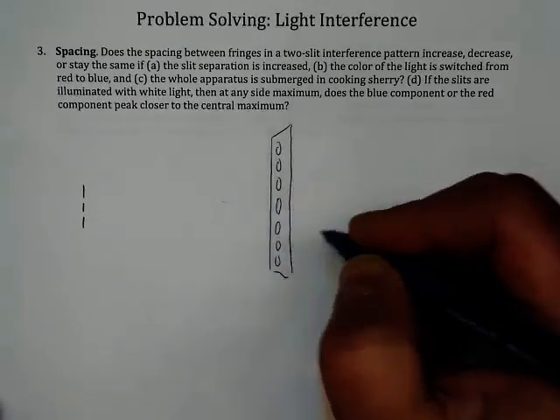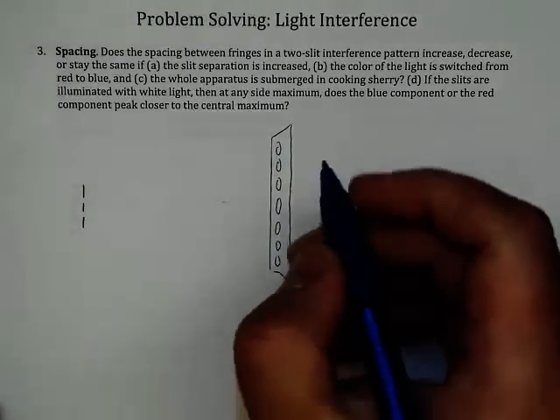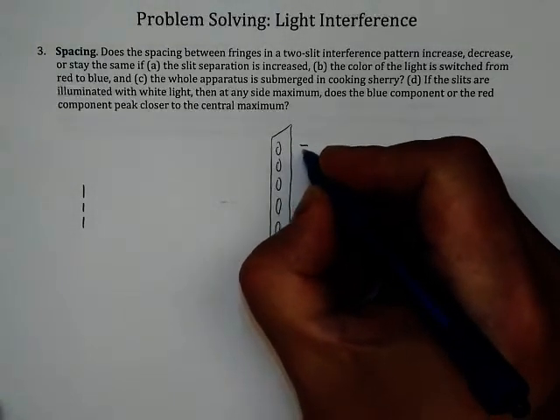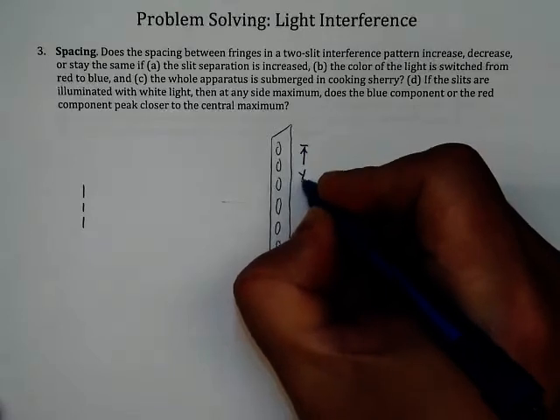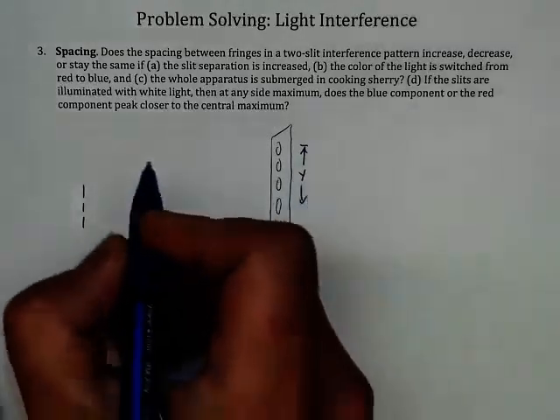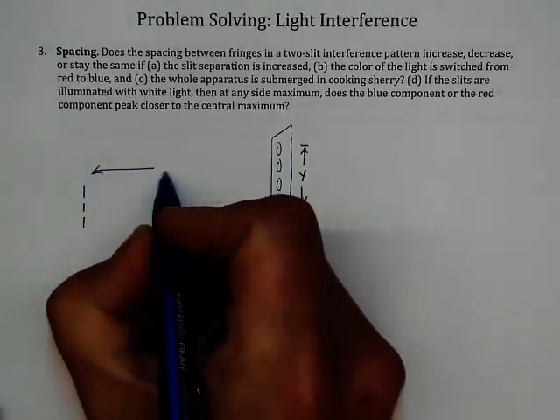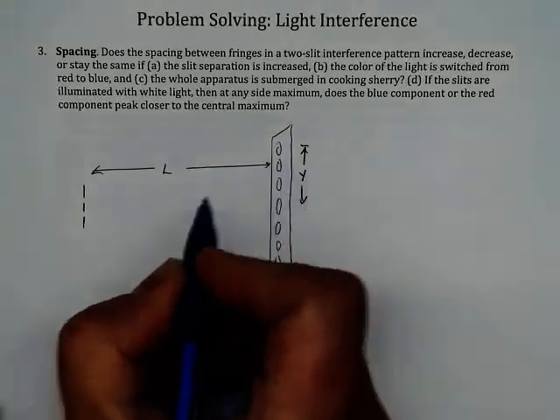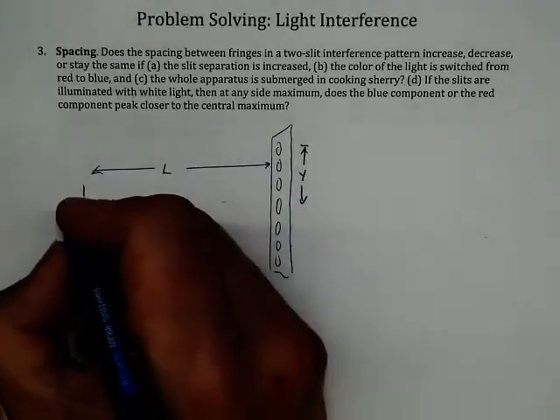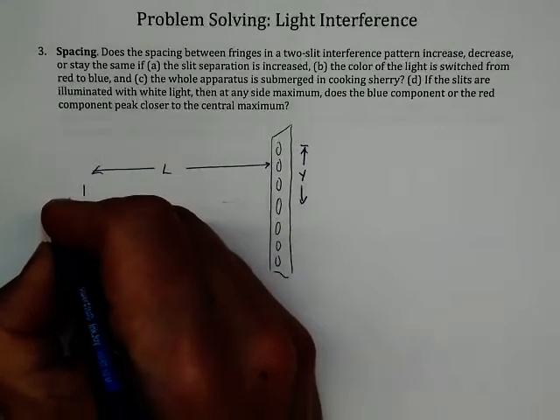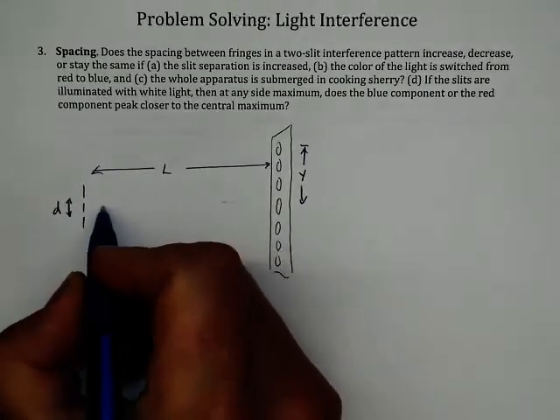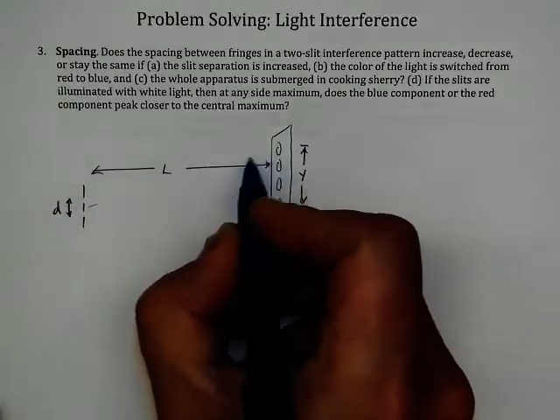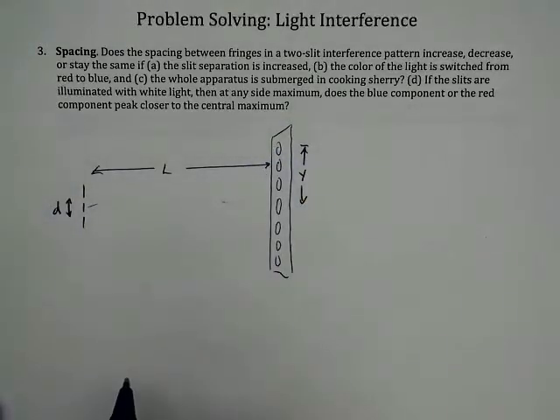In between is dark on that pattern, but that spacing between bright spots is generally labeled with a Y. The distance between the slits and the screen is L. The distance between slits here is D. And then we're usually looking at some angle when we're off at some point.